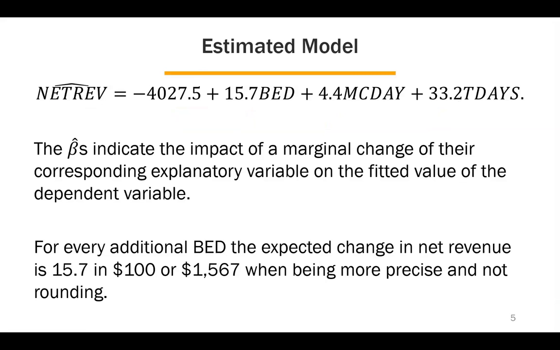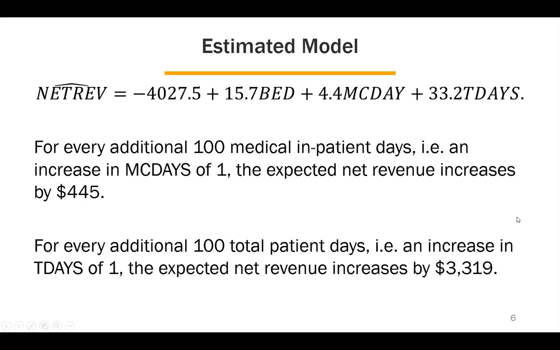Then for the next couple of variables, MC days and T days, looking at their coefficients, the beta hats out in front, we're going to interpret them in the same fashion. So every additional 100 medical inpatient days, which is MC days, right? If medical inpatient days goes up by 100, that means MC days goes up by 1, then expected net revenue is going to go up by $445. Again, being a little more precise than is written on this screen, the 4.4 was actually 4.445, I think.